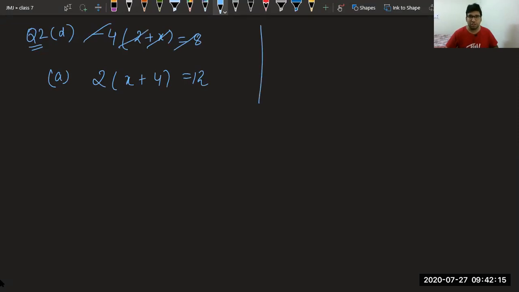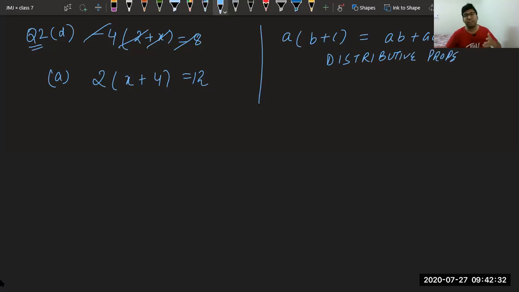Understand this thing? First, I will tell you what we did in chapter number 1. We studied that A into (B plus C) is equal to AB plus AC. This is known as distributive property. I hope many of you are remembering this. Still, I am showing you this thing.